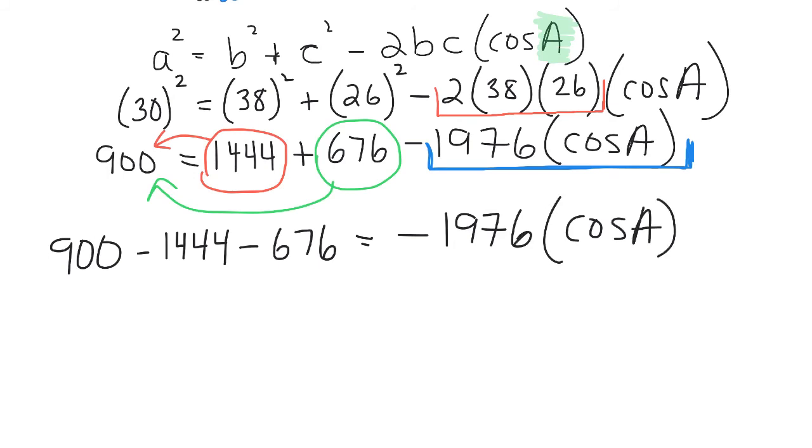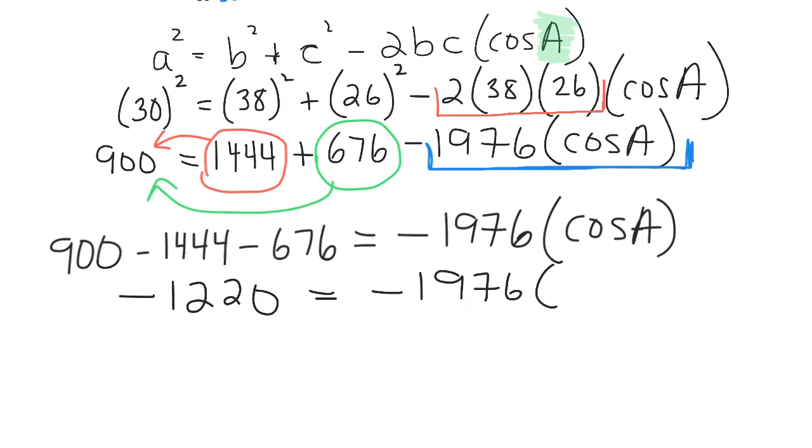We have not touched it, so leave it where it is. Okay, now we're going to go ahead and perform this subtraction. 900 minus 1,444 minus 676 is going to give you negative 1,220, and that is still equal to negative 1,976 multiplied by the cosine of A.